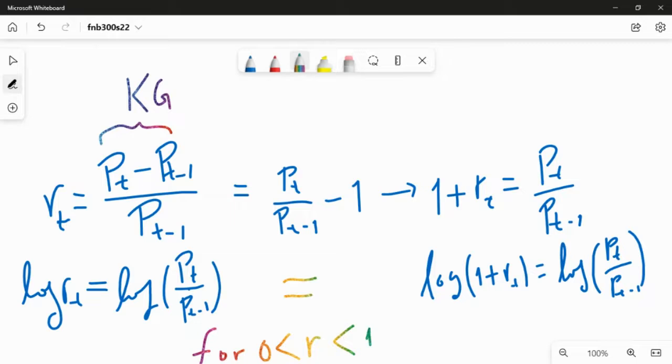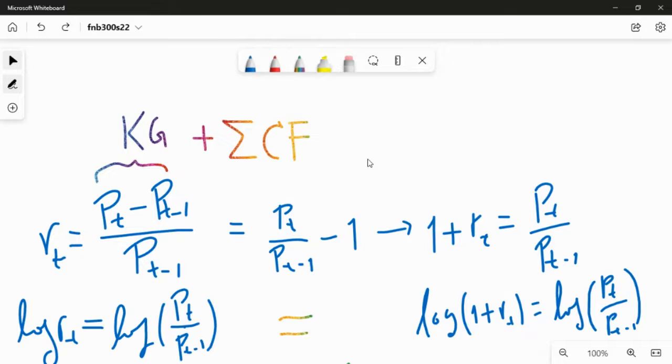And if the stock has paid dividends during the year, there should be the sum of all the dividends, all the cash flows, in general. But we are assuming that this is zero, just for the sake of simplicity. We'll just assume it away.